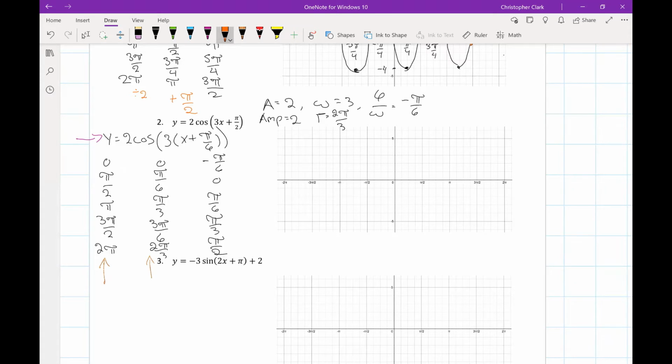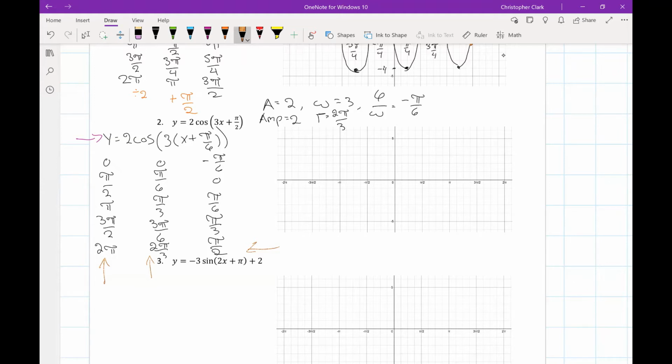Fantastic. For our final row, we're going to take the second row and shift it by our phase shift. If we're shifting to the left, that is subtracting pi over 6. So 0 minus pi over 6 is negative pi over 6. Pi over 6 minus pi over 6 is 0.